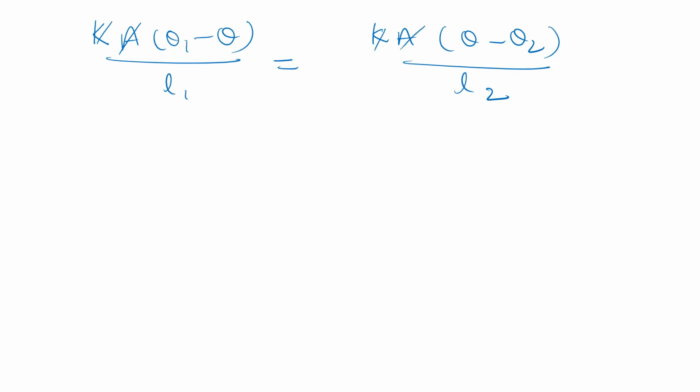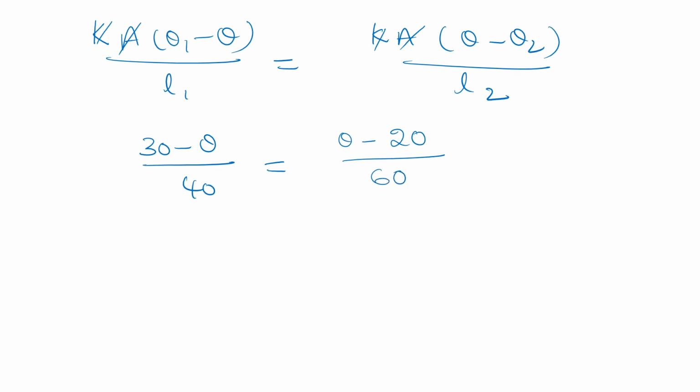Substituting values, (30 minus theta) by L1, which is 40, is equal to (theta minus 20) by L2, which is 60.